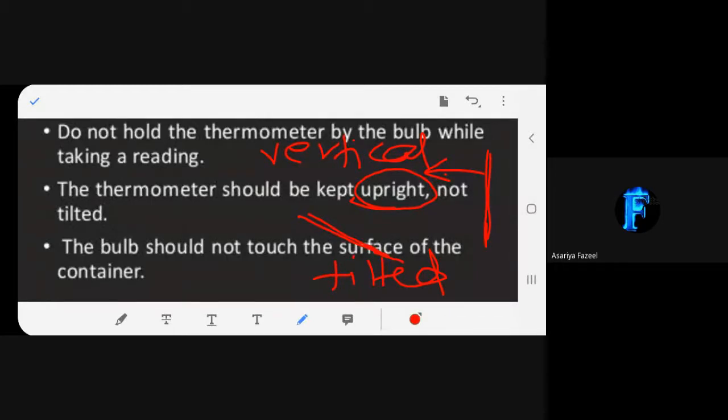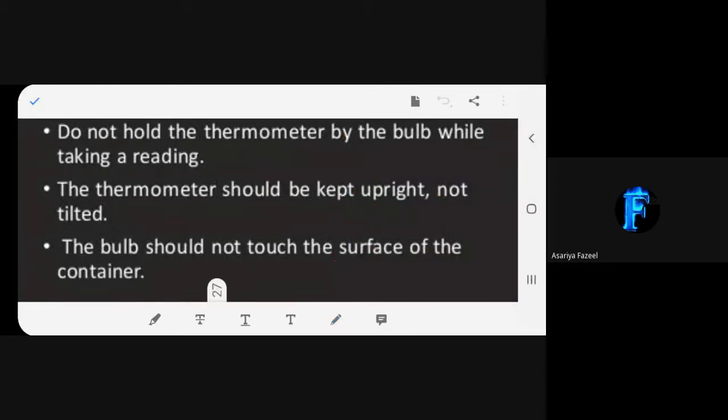And the last one is the container should not be touched by the thermometer. You are taking the temperature of only water. Only water should be touched, not the bottom of the container or the sides of the container. Is it okay with all of you? If you have any problem, please ask me.